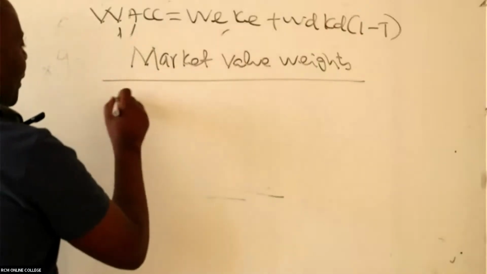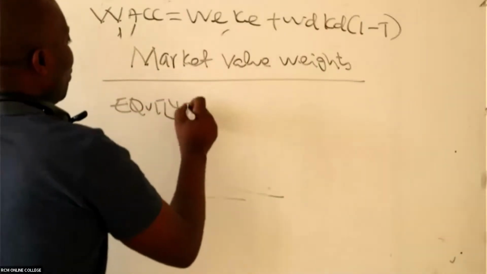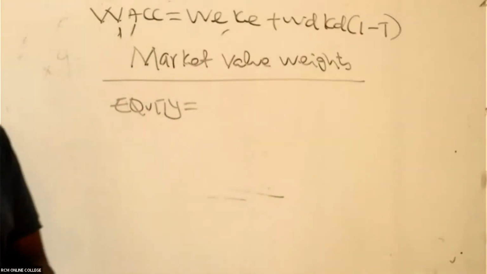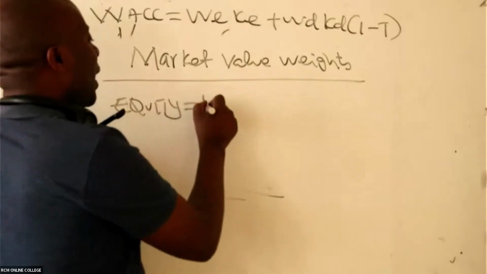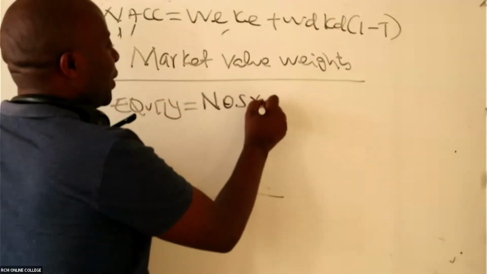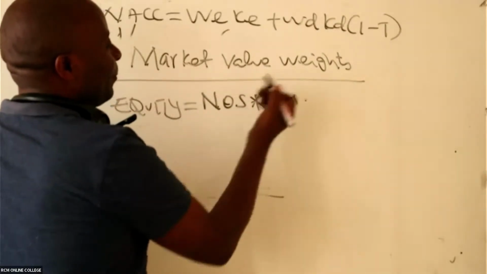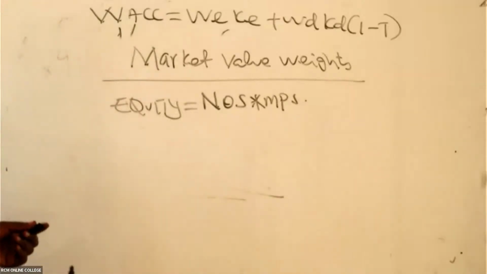So we have equity, and I want to know how many shares. They have given us the number of shares in the question. How do I get market value of equity? I take the number of ordinary shares times market price per share.